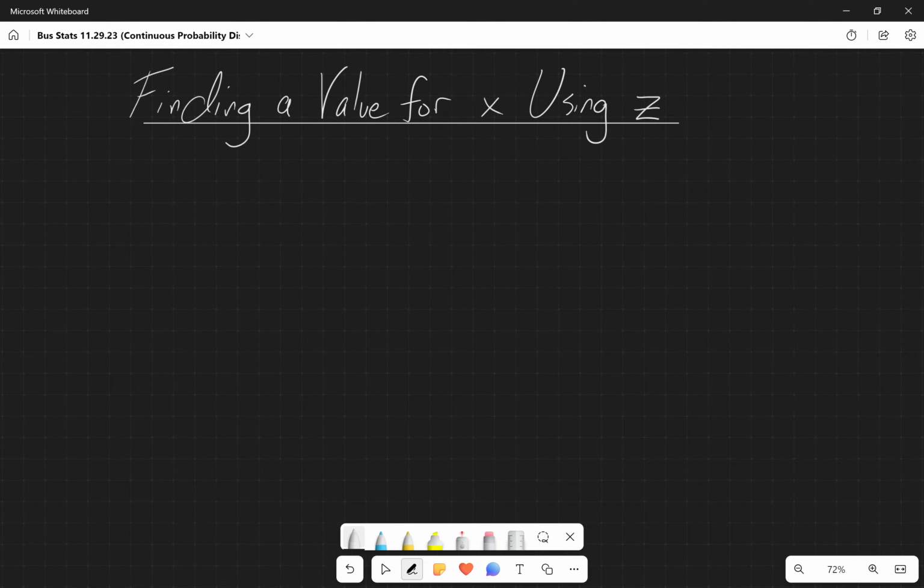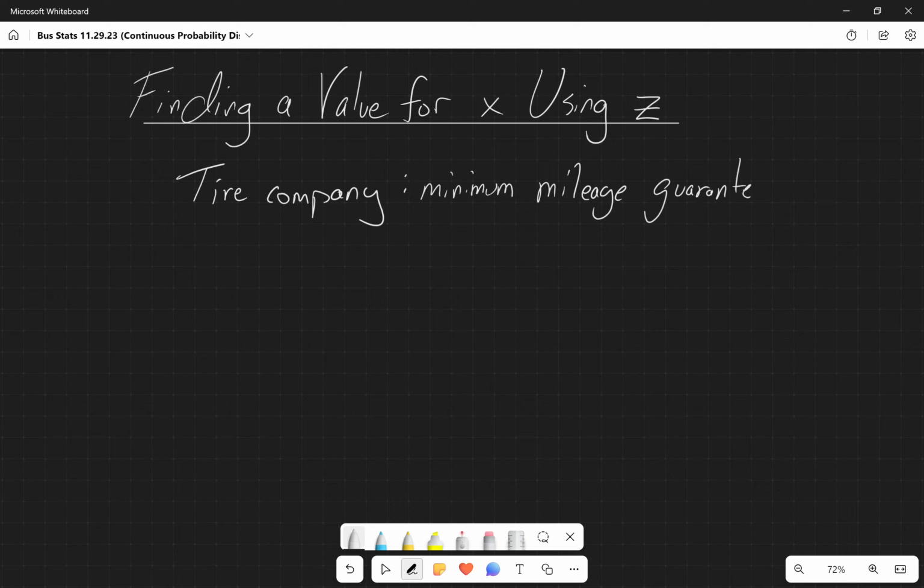So we are told there's a tire and rubber company, and they wish to set a minimum mileage guaranteed on their new tires, right?